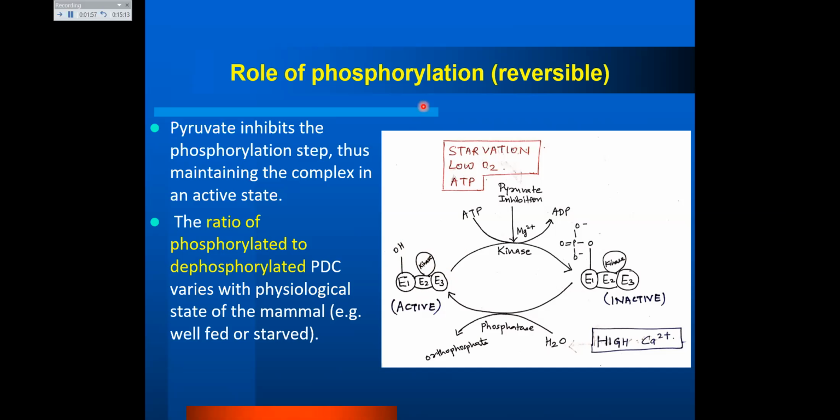And this is how the regulation of PDC takes place as and when there is a requirement of active PDC in the cell. So this was all about how PDC can be regulated in eukaryotes.